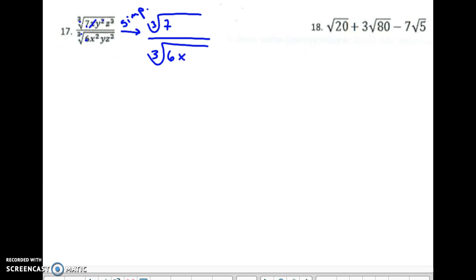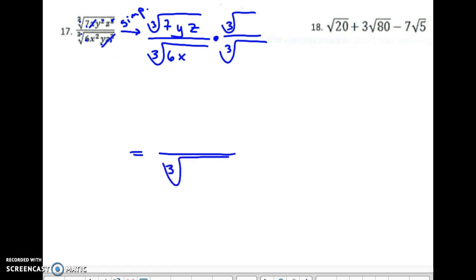There's a y squared up top, a y on the bottom. Those cancel into just plain y. And the z squared cancels into z cubed, and we're left with just 1z on the top. So then what we want to do is figure out what cube root we're going to have to multiply by, because what we want to have on the bottom is the cube root of each of these.